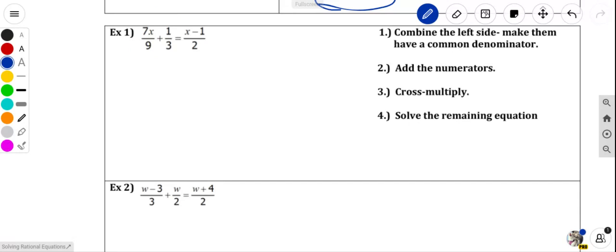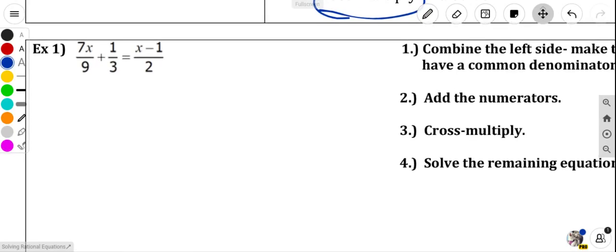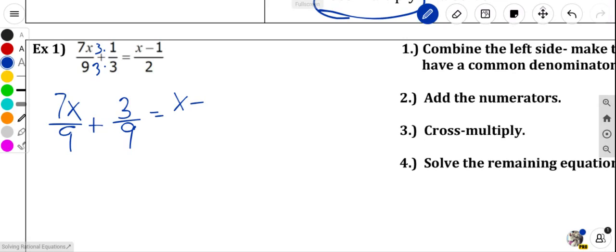Remember, to get a common denominator, you think about numbers that they both go into evenly. So for 9 and 3, the common denominator would be 9. To get them to be 9, we're going to multiply this 1/3, the top and the bottom, by 3. Then I'm going to rewrite it. So this is going to become 7x over 9 plus 3 over 9 equals x minus 1 over 2.